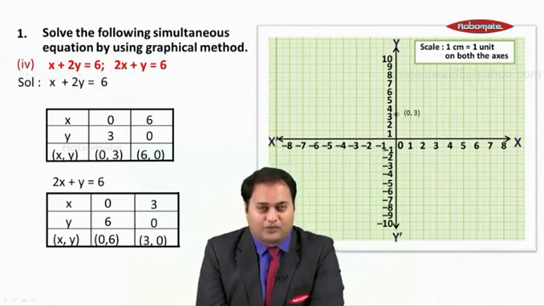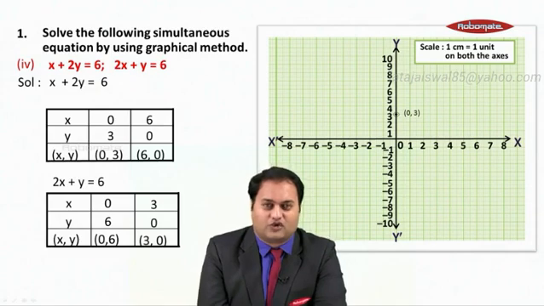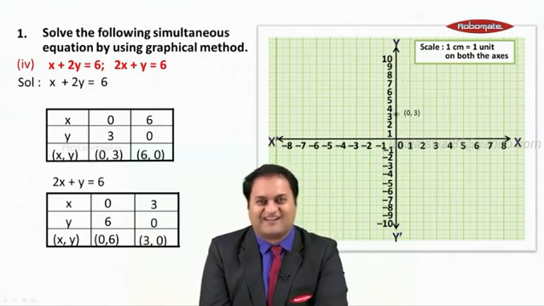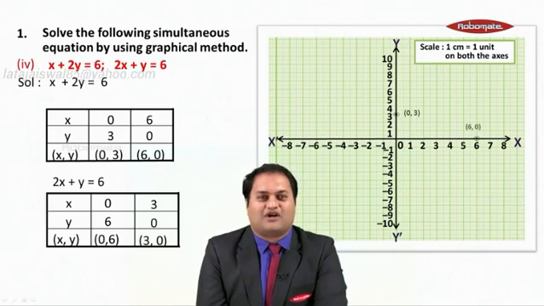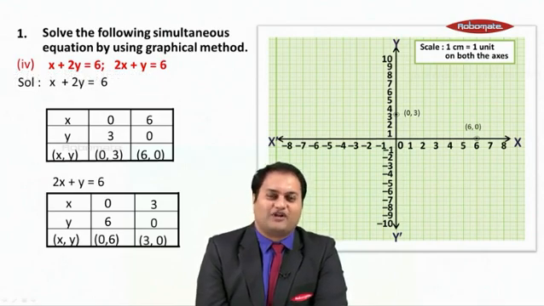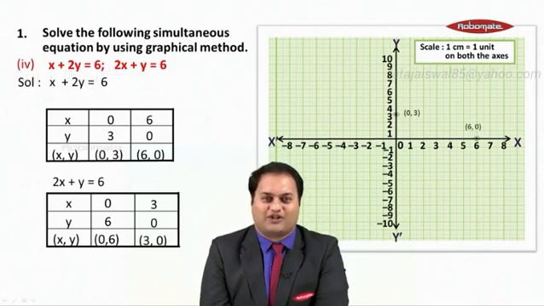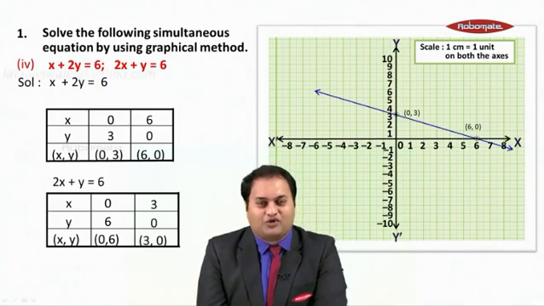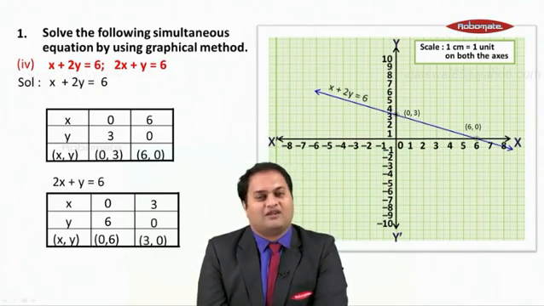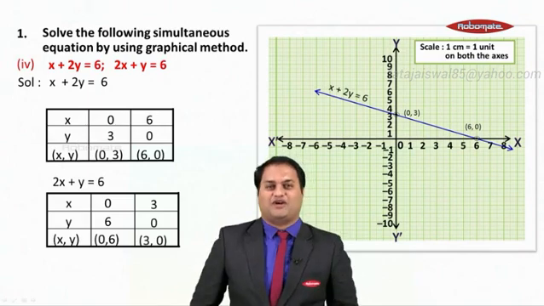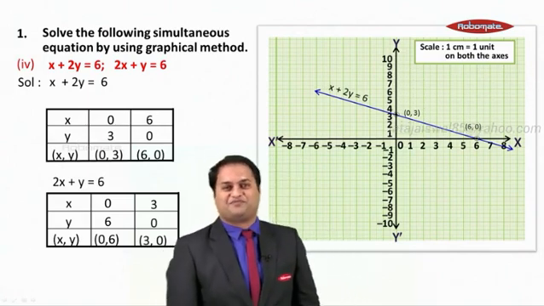Plot it this way and don't forget to write the coordinates as shown. 6, 0 will lie on the x axis. Plot it this way. Don't forget to write the coordinates. Join the 2 points, you get a straight line. That is your equation, x plus 2y is equal to 6.